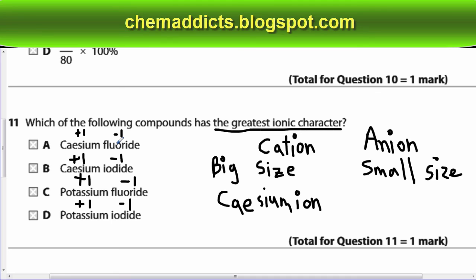As we have seen, fluoride is at the top of the halogens, so fluoride will be the smallest. Iodide will be the bigger one, since it is below fluorine in the periodic table. So the fluoride ion is small in size and the iodide ion is bigger. Fluoride ion is the smallest anion.